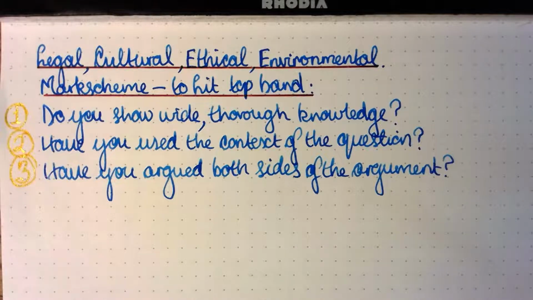And that's good. But don't forget, to hit the full marks here, you've got to show both sides of the argument. So no one actually cares what you think. It's that you understand both sides of it. So you're not on a soapbox saying what you think about the world. You can use that for the side that you believe in, but you've got to also argue the other side.